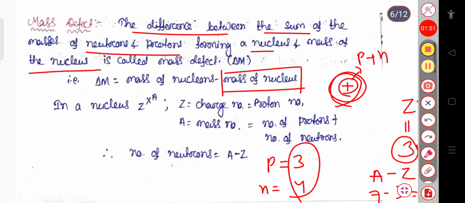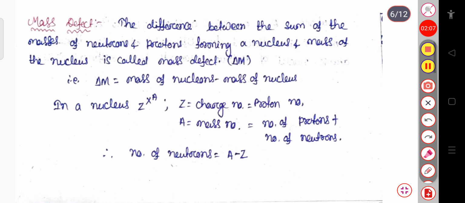So if you take the difference between the two, that is the mass of the nucleons and the mass of the nucleus, then you will get delta M, that is your mass defect.